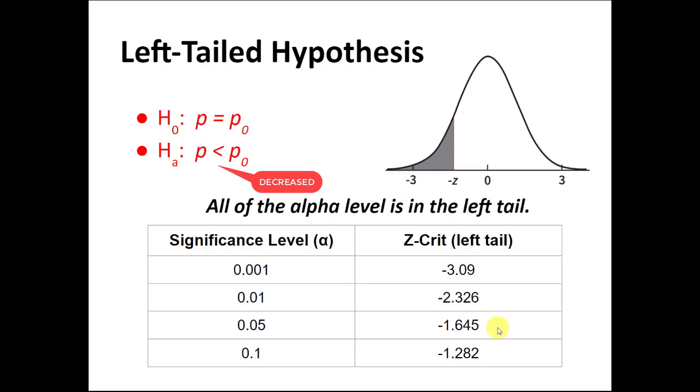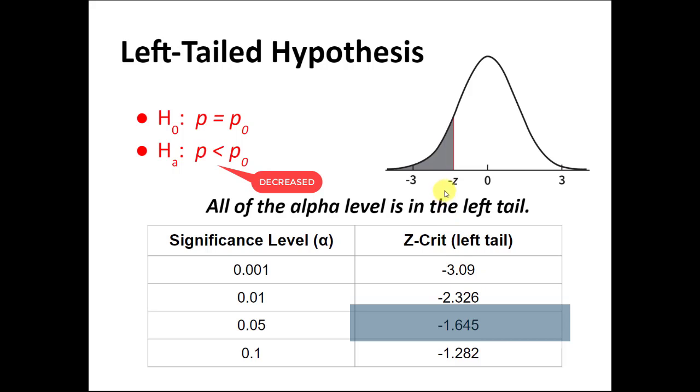If you were working with a significance level of 0.05 and a left one-tailed hypothesis, right? You're looking for things that are much, much lower than the expected proportion, then you're going to use the z-score of negative 1.645.